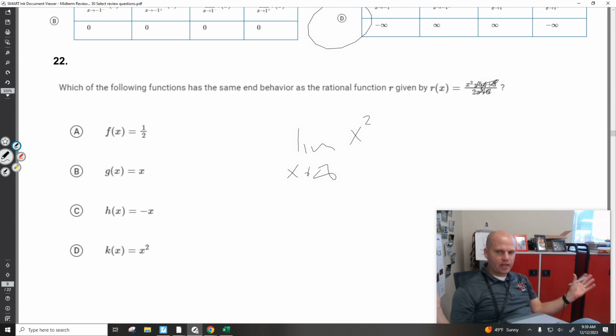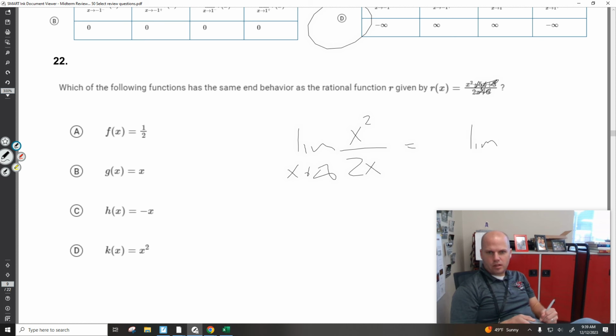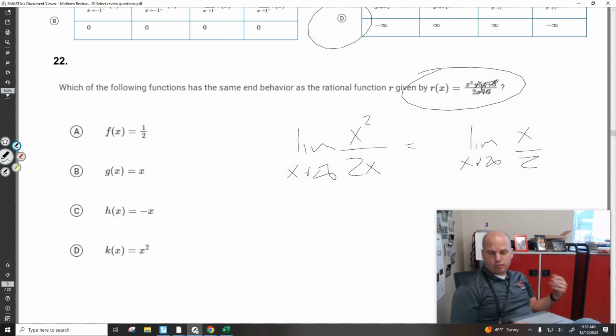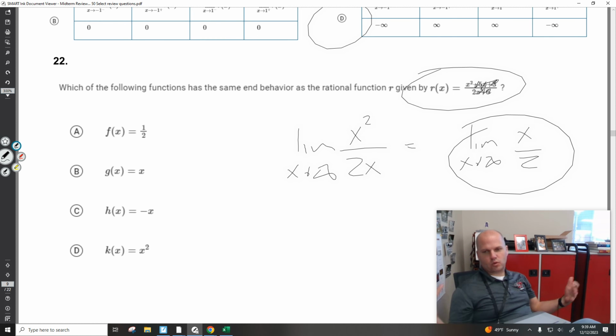The rest of it will be like adding small decimals to very, very large numbers. So I just care about x squared over 2x, and I realize that that's really the same as x over 2. This rational function's end behavior will be the same as y equals 1/2 x's end behavior.